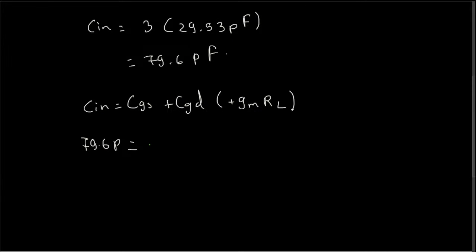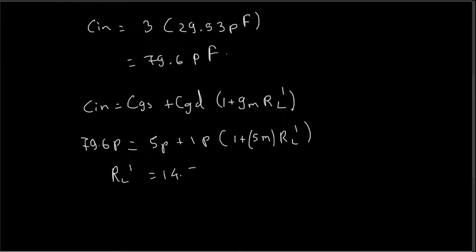Plug that in, 5 pico plus 1 pico, and then 1 plus gm, which is 5 milli, times the RL prime, which is what we are trying to find. Rearrange and solve for this one. You will end up getting 14.72 kilo ohm resistance.